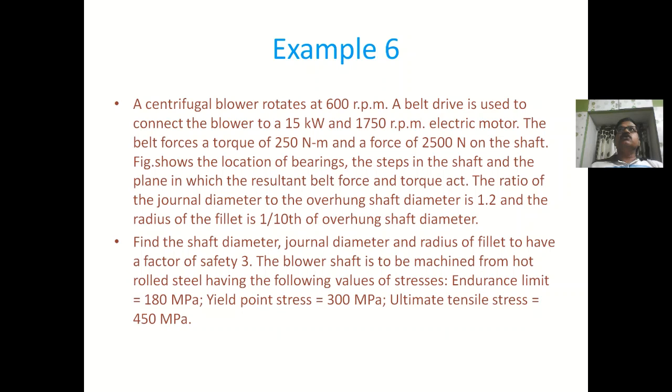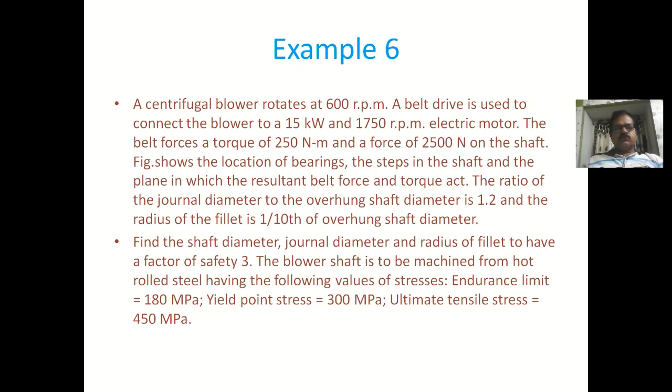Let us move to one more example here. A centrifugal blower rotates at 600 rpm. A belt drive is used to connect the blower to a 15 kilowatt and 1750 rpm electric motor. The belt forces a torque of 200 Newton meter and a force of 2500 Newton on the shaft.